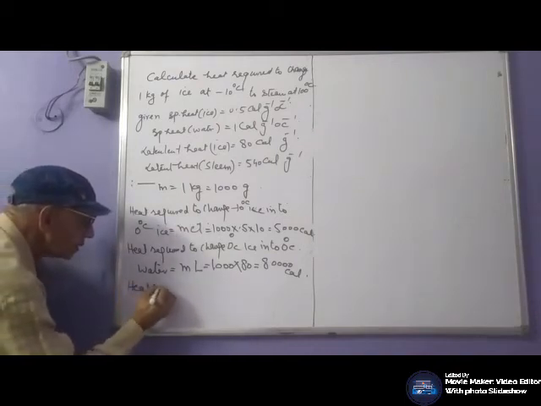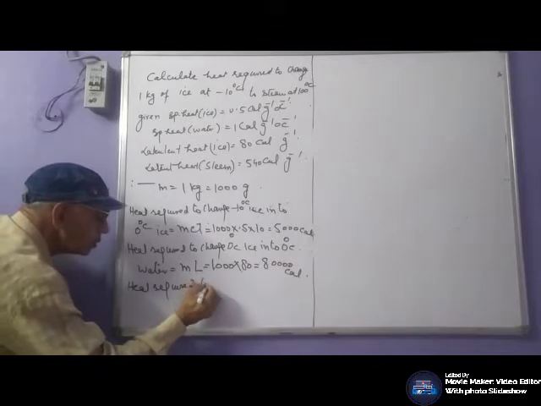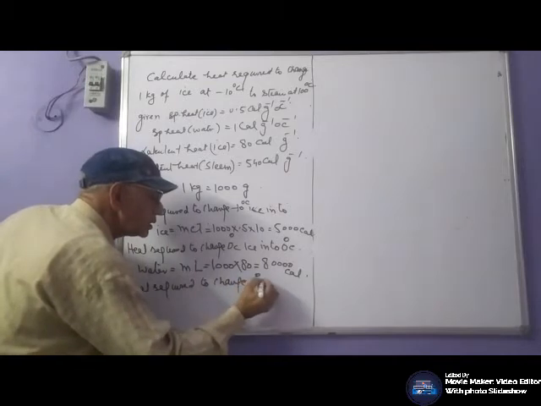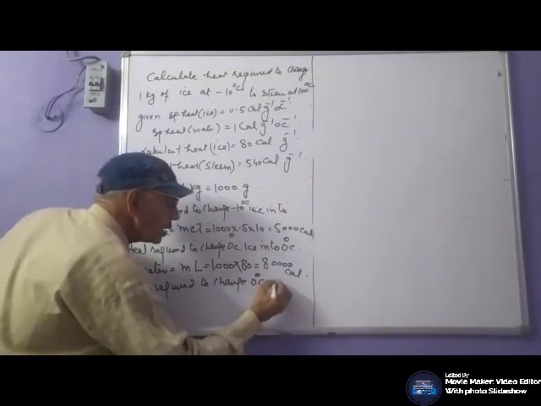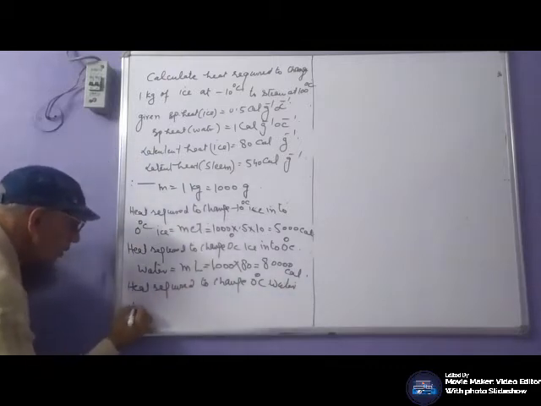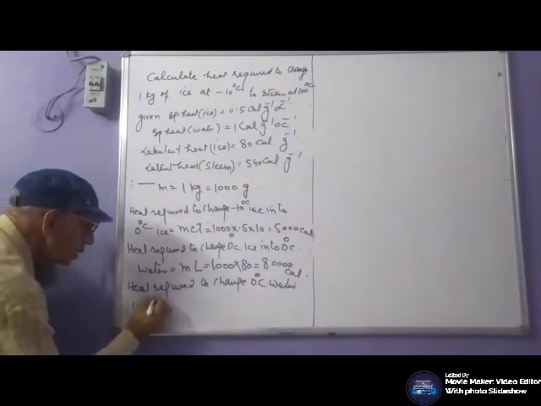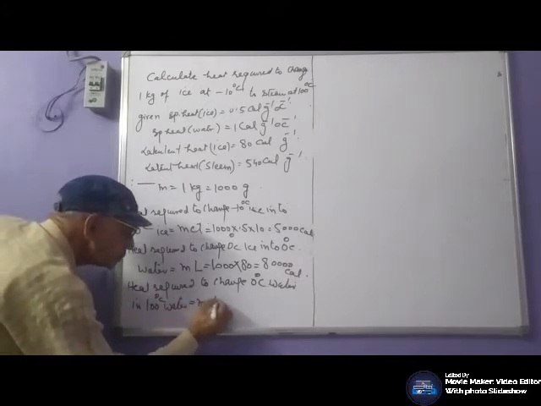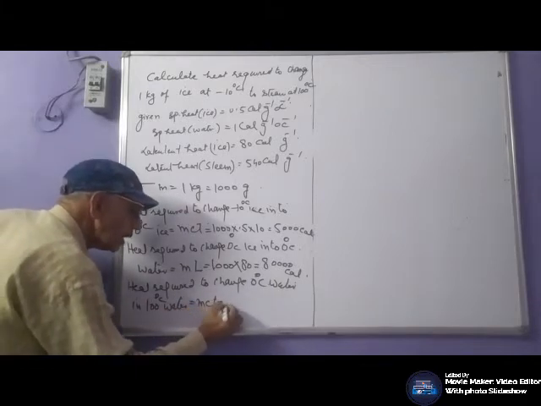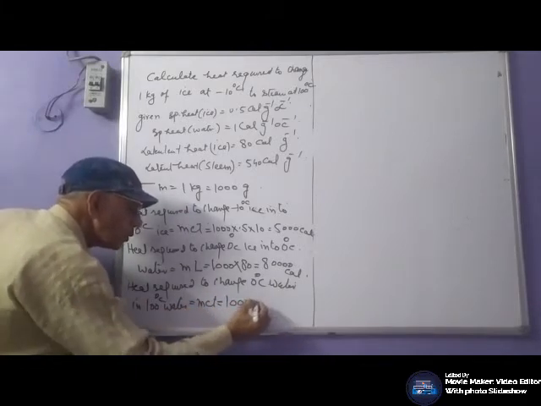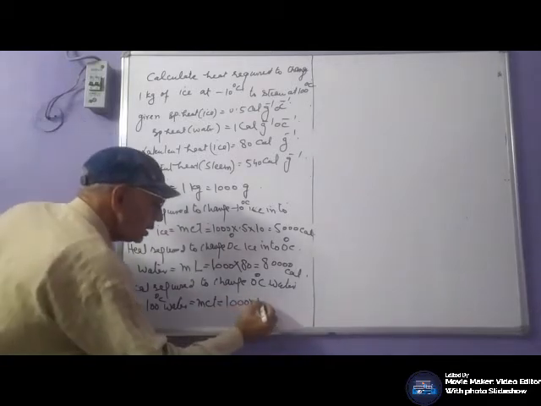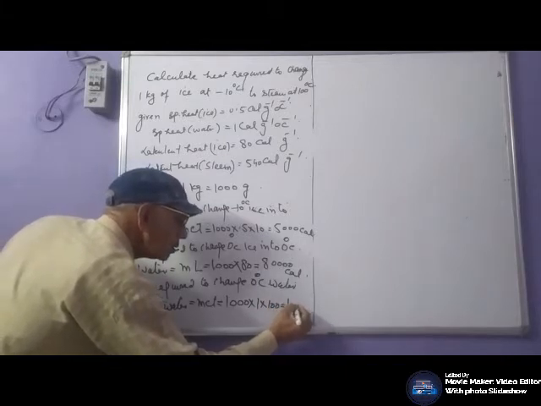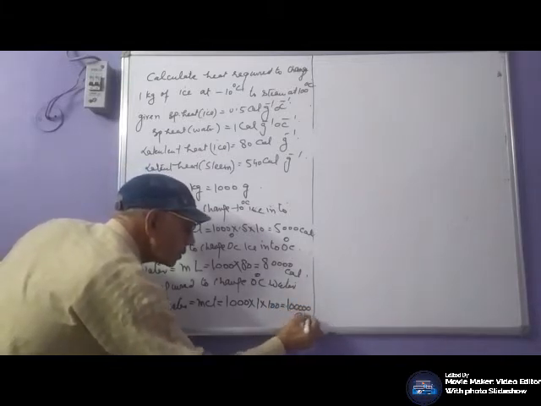Heat required to change 0 degrees Celsius water into 100 degrees Celsius water: it is MCT. This is the rise in temperature. M 1000, C of water 1, T 100, so this many calories.